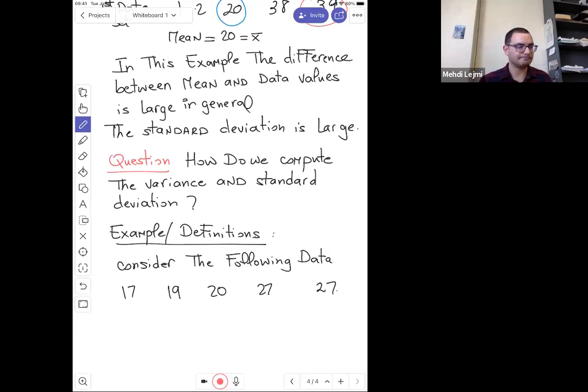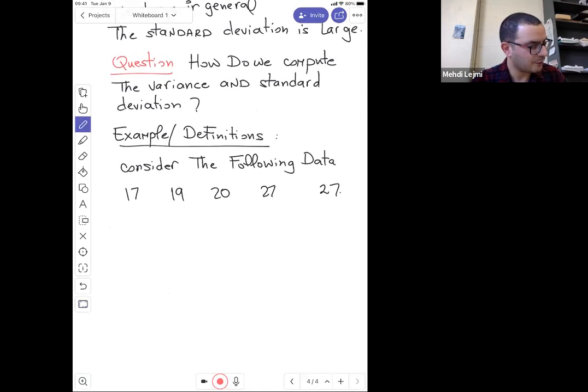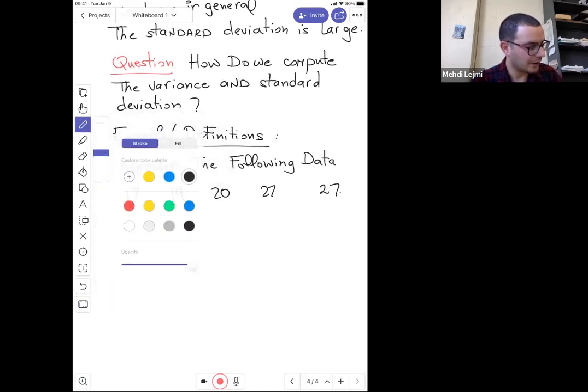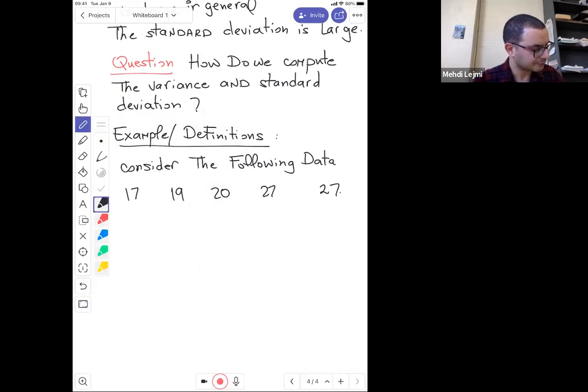So I want to discuss the formula to compute the variance and the standard deviation. In the formula we have X. So step one.